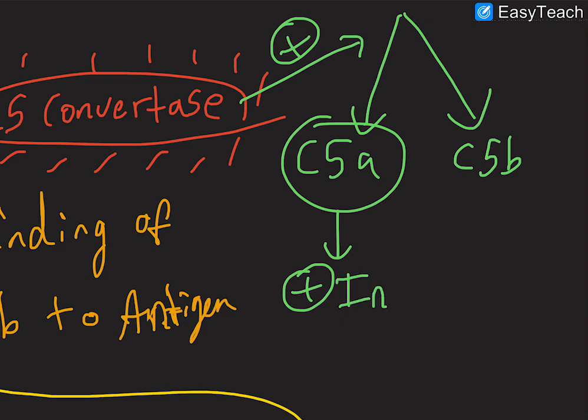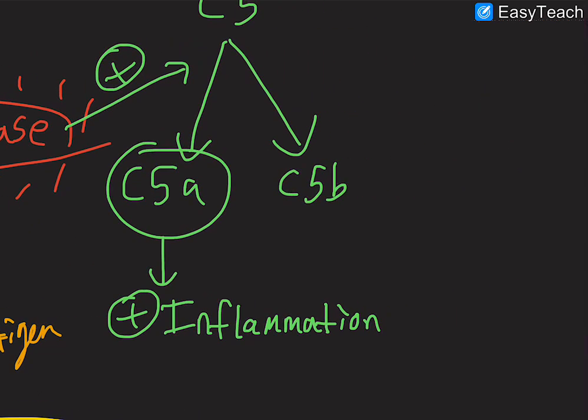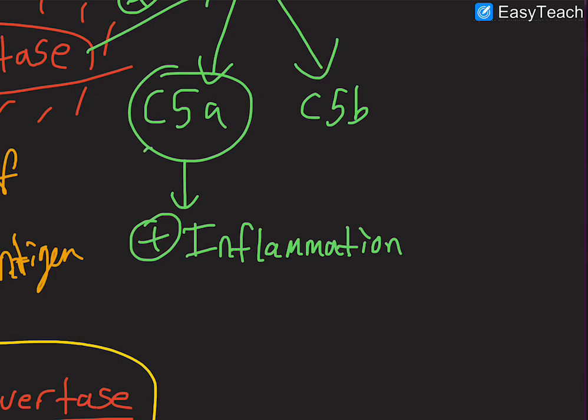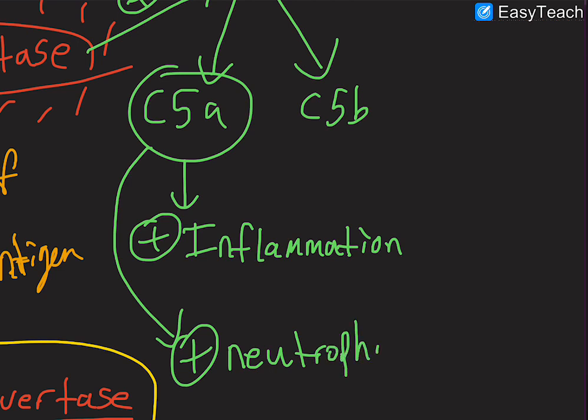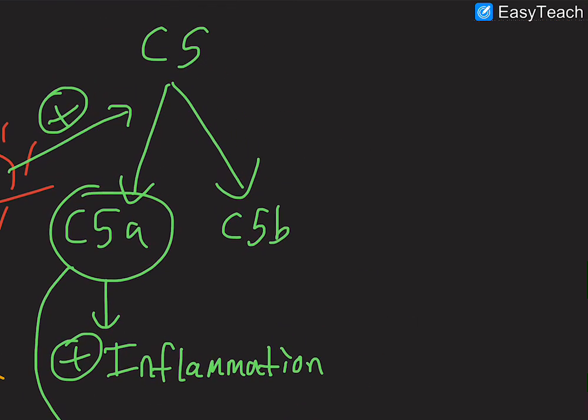It's a potent stimulator of inflammation, which again will help attract white blood cells to the area where the pathogen is infecting. Also, C5a, which we'll cover later on, can help attract and stimulate neutrophils too. But C5b is good because that's what's going to start something called the membrane attack complex.